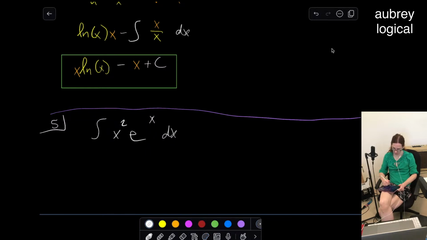Once again, we've got two functions. Not sure which case this would be. It is an algebraic and a transcendental, and its derivative doesn't get easier. So I guess it's case 2 because its antiderivative doesn't get any more difficult.